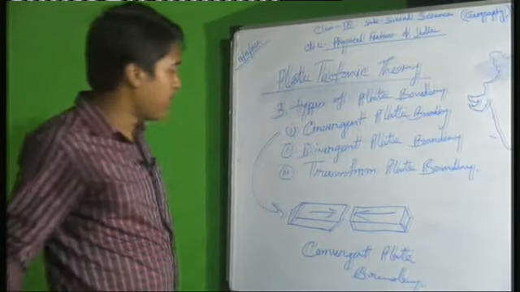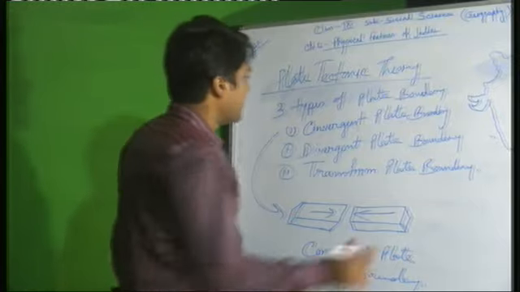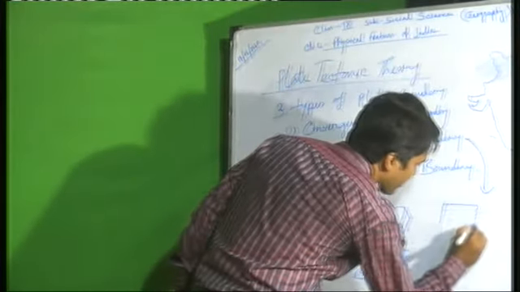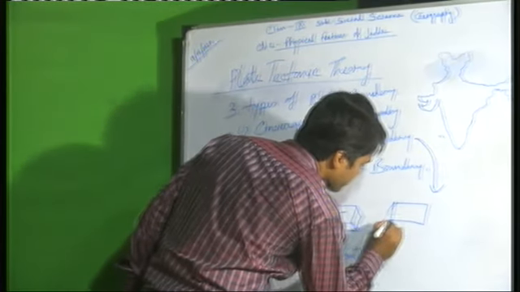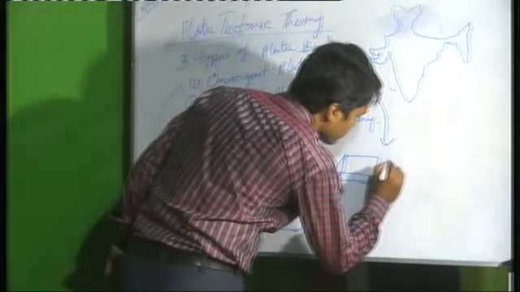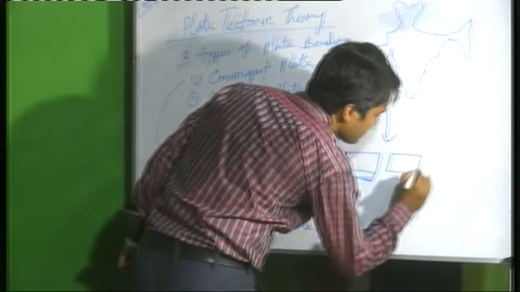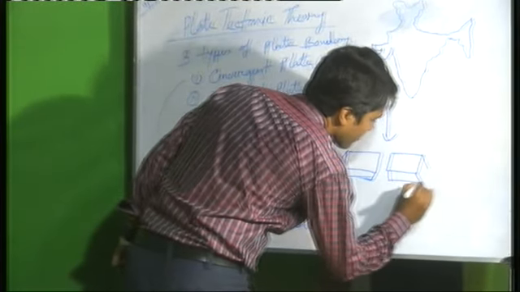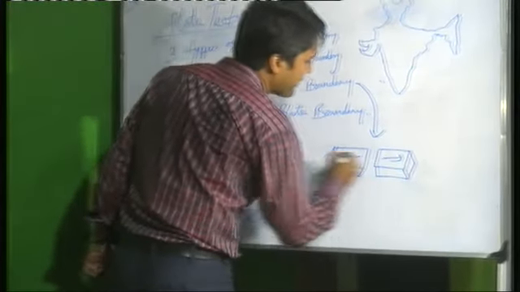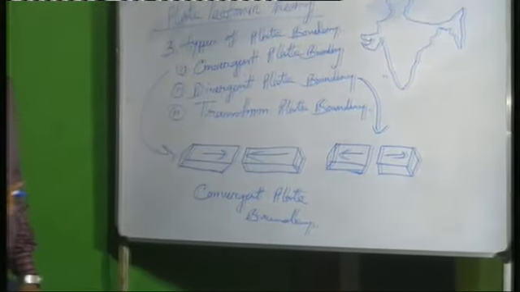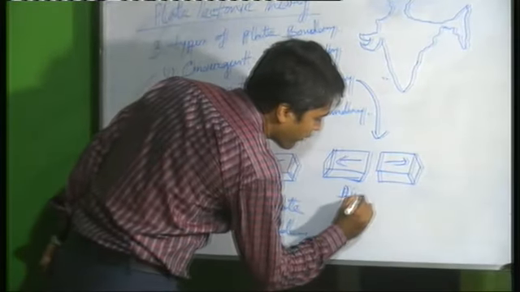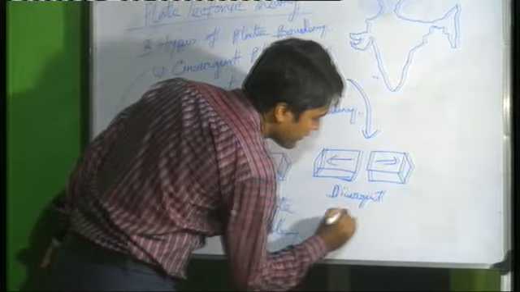Now another part, this is the divergent plate boundary. Divergent plate boundary means when two plates move away from each other.